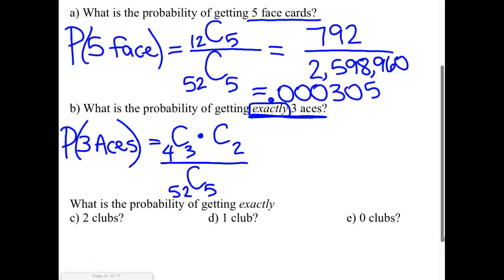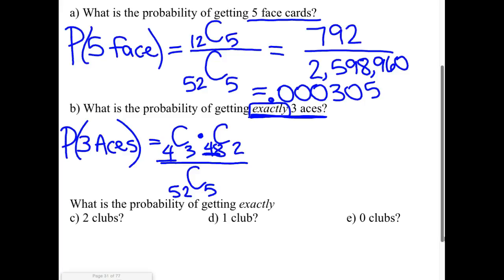So the other card can't be an ace. I can't have any more aces. So that means this number here is going to change. Okay? So what it means is I'm going to take my 52 cards and I'm going to take out all the aces. So remember there are 4 aces. So I'm taking them out of my 52. So there are going to be 48 cards left.